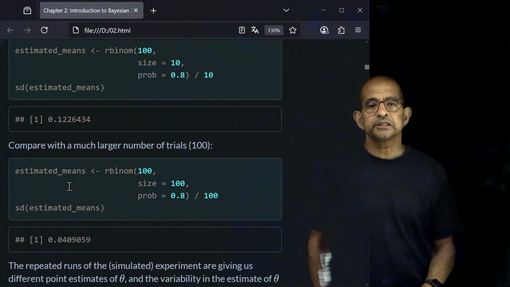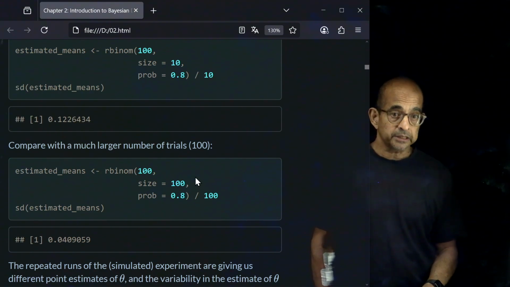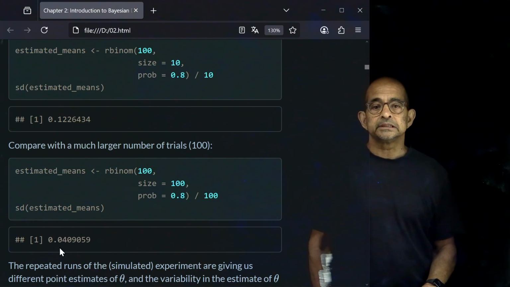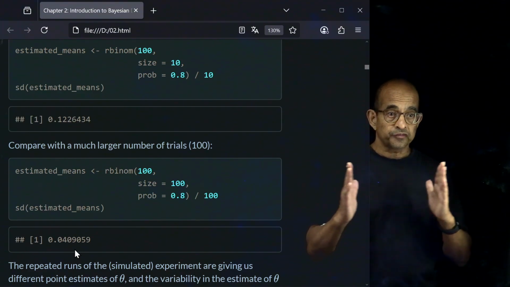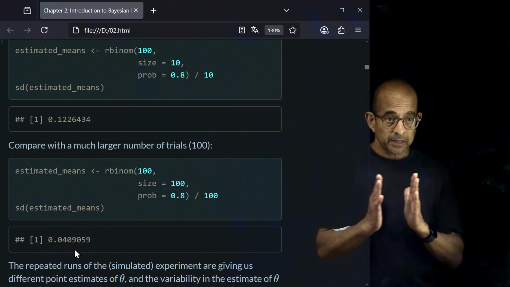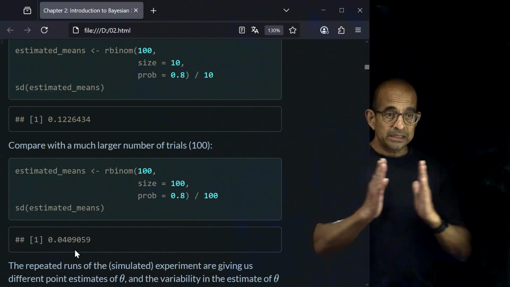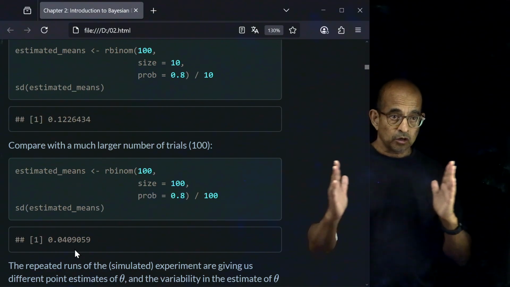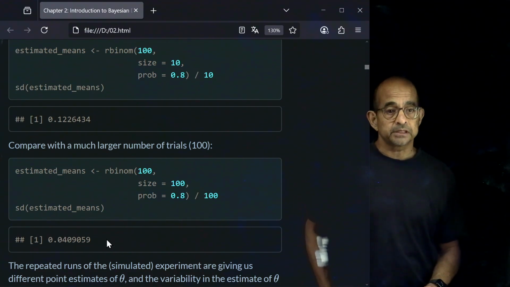But now if I increase the number of trials to 100, what you'll notice is that under repeated sampling, the standard deviation of the estimate of theta will become much narrower, right? So the variability in the estimate of theta will change as a function of the sample size that I have.